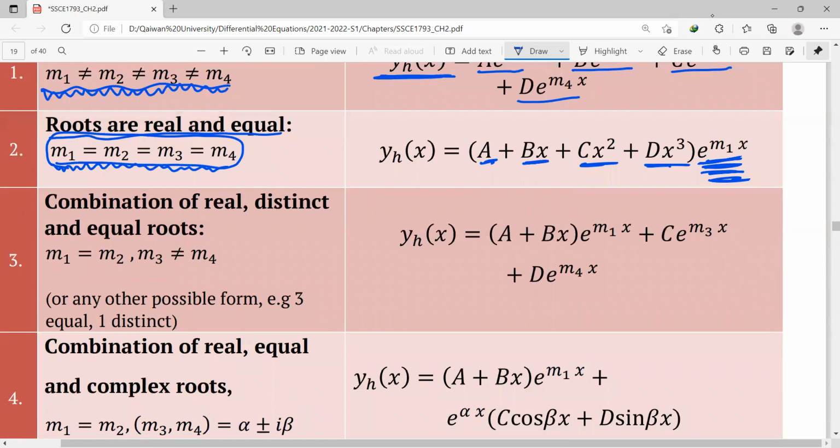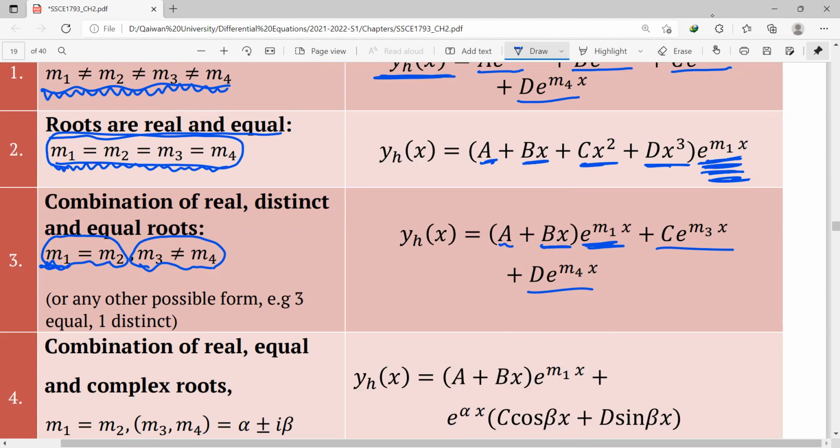If you have a combination of two equal roots and two distinct roots, for the distinct roots, we just say c e to the power m3x plus d e to the power m4x, and here it's given as c and d. But for this one, as these are equal, we say a e to the power m1x plus bx e to the power m1x, because you have two repeated roots.